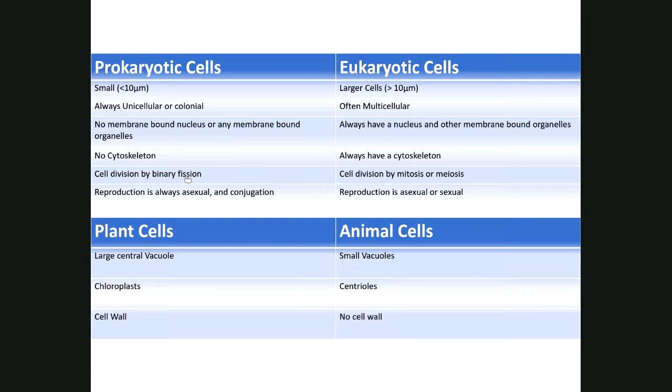And eukaryotic cells will undergo mitosis, which is division of the nucleus first, and then they undergo division of the cell. Or they'll undergo meiosis, which is like mitosis, but a little bit more complex. What about reproduction? Reproduction is always asexual in prokaryotic cells.